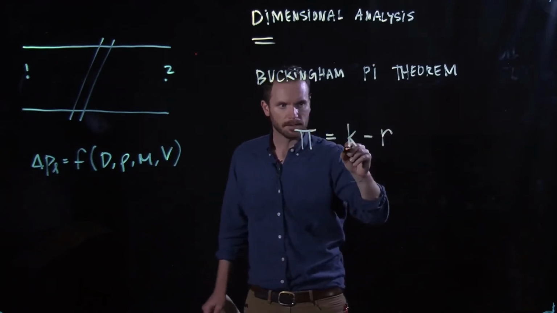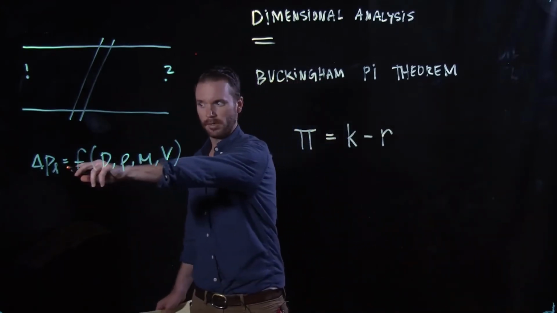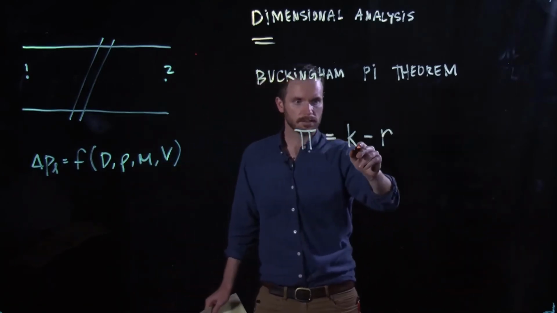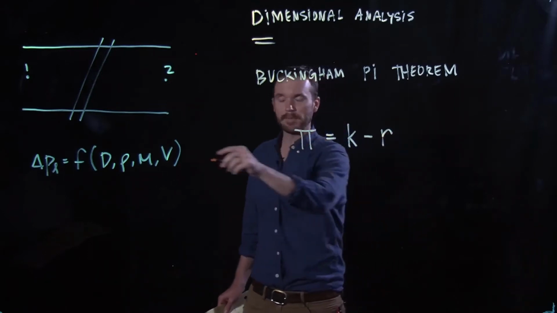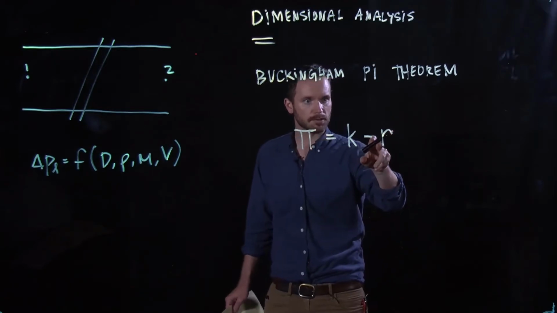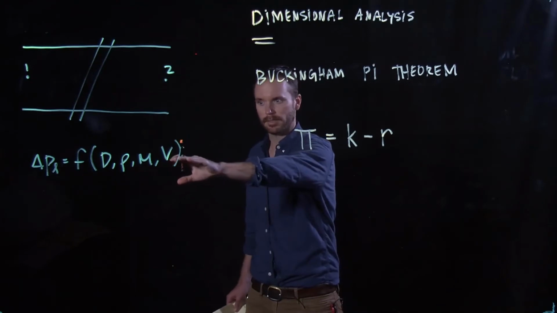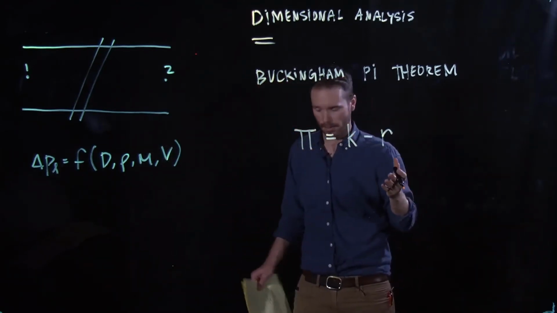K being the number of variables needed to describe the system, so in this case, 1, 2, 3, 4, 5 variables, minus the number of basic dimensions needed to describe each of those variables. So remember, we needed force, length, and time to be able to describe each of the different variables: diameter, density, viscosity, velocity, and pressure drop per unit length. That required 3 basic dimensions, right?